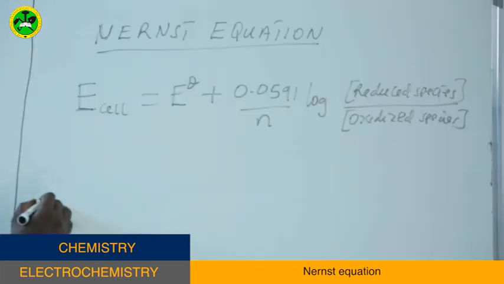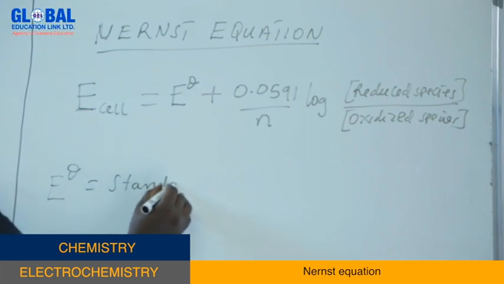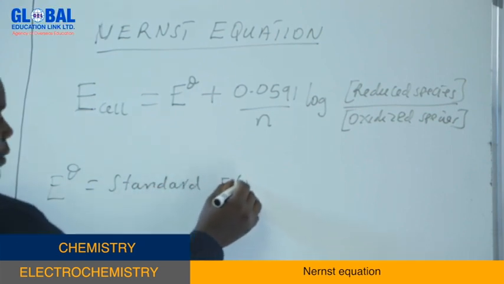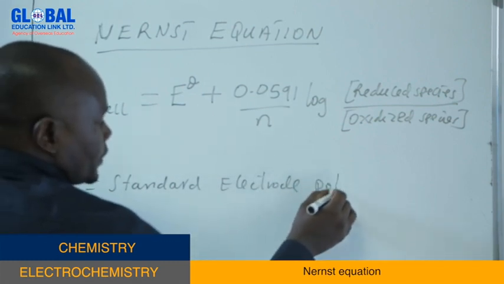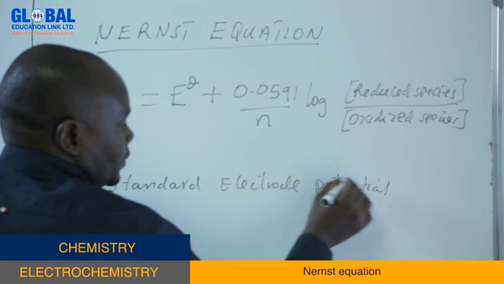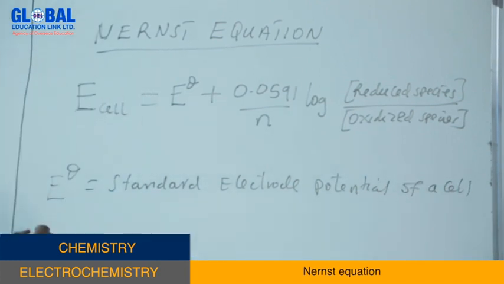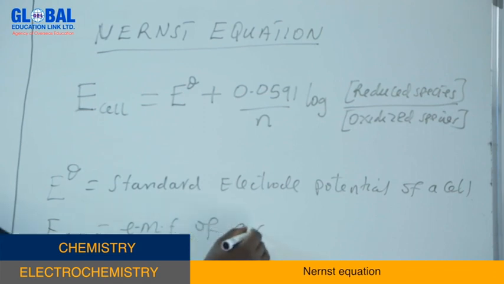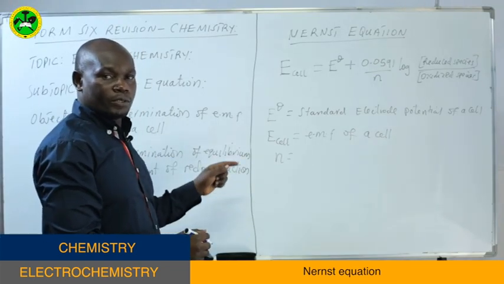Now here the E° is known as the standard electrode potential of a cell, and E cell stands for the EMF of a cell, and n represents the total number of electrons in a balanced redox equation.